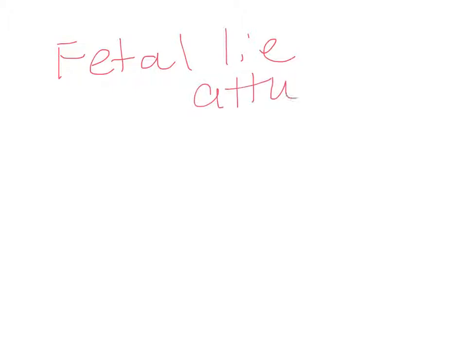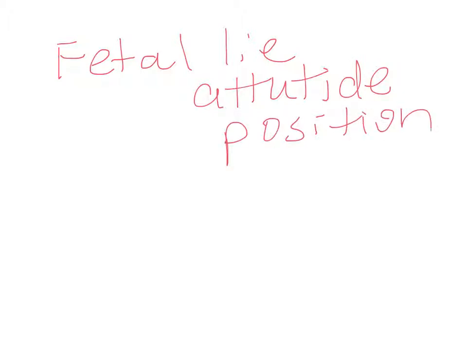Okay, we are going to talk about fetal lie, attitude, and position. When I'm talking about fetal lie, it is either longitudinal or transverse. What this means is it's the relationship between the fetus and the mother.